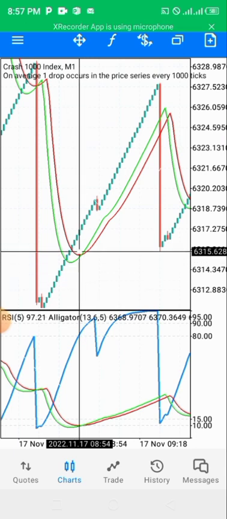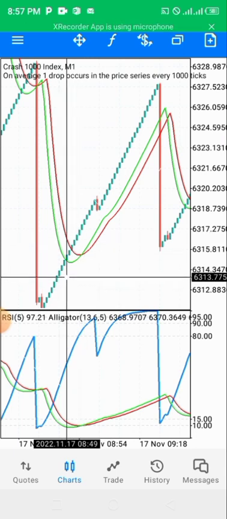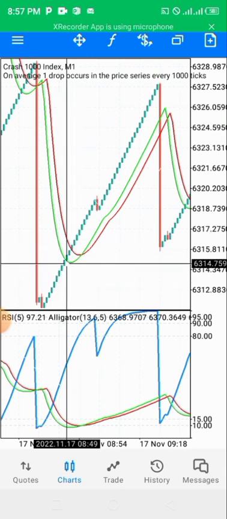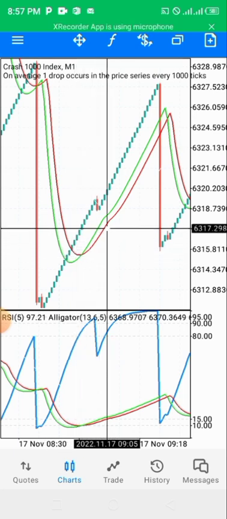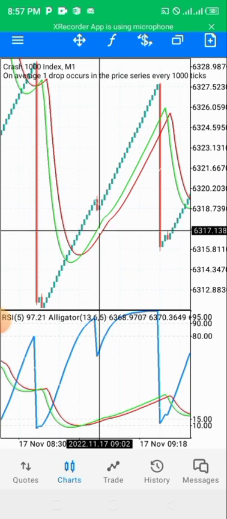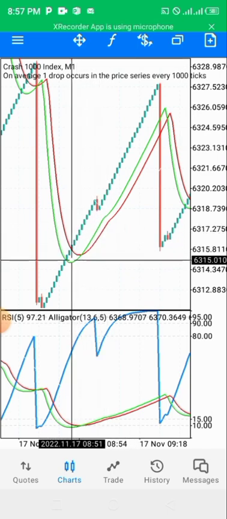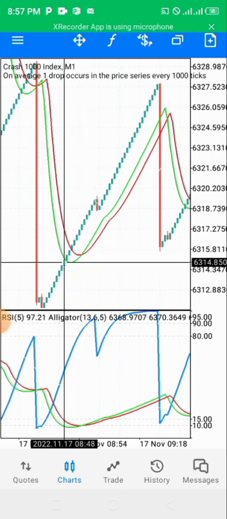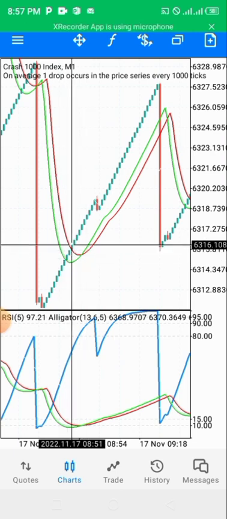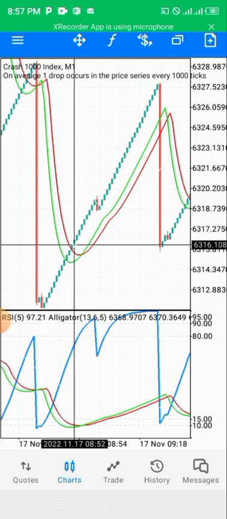And the third condition is you look at your main charts, okay, and you have to make sure that this red and green indicator are crossing each other going up like this, and your green candlesticks have to go above the indicator before you place your trade.